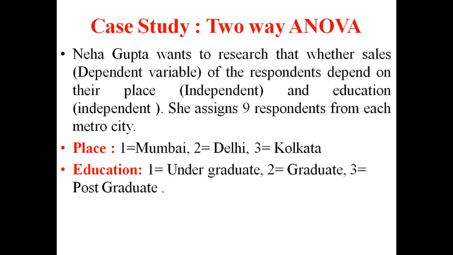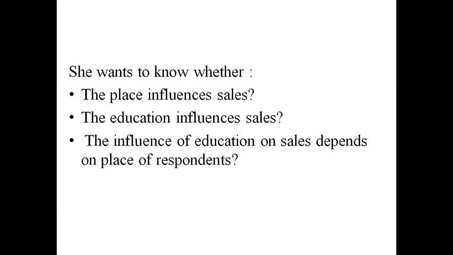Place has three variants: Mumbai, Delhi and Kolkata. Education also has three variants: undergraduate, graduate and postgraduate. Now she wants to know whether place influences sales, whether education influences sales, and whether the influence of education on sales depends on the place of respondents. So these are the three research questions she wants to investigate.